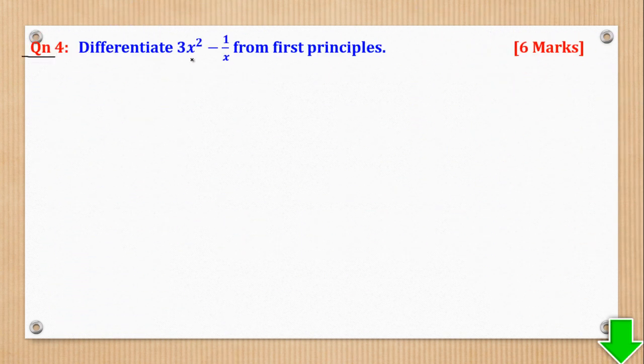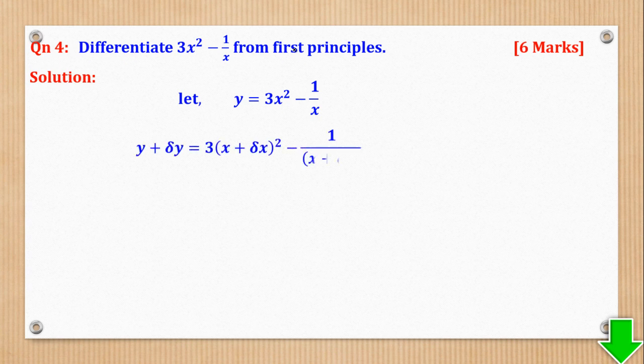Question 4 says differentiate this from first principles. So we shall let y be equal to that given expression, then increment both sides. Where there is y, you put there now y plus delta y, small change in y. Where there is x, you put there x plus small change in x.